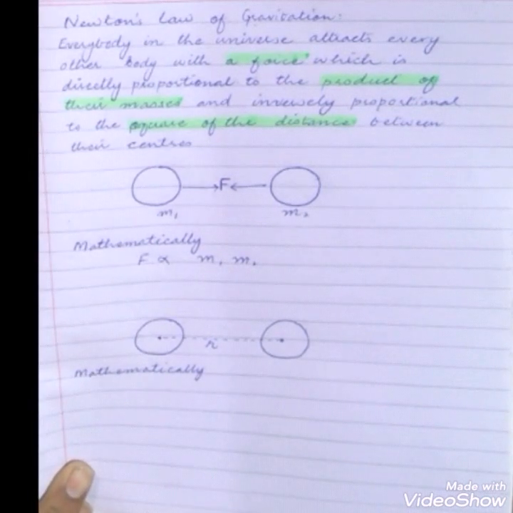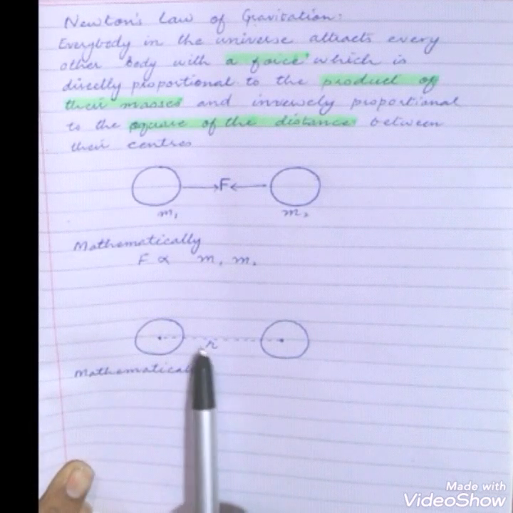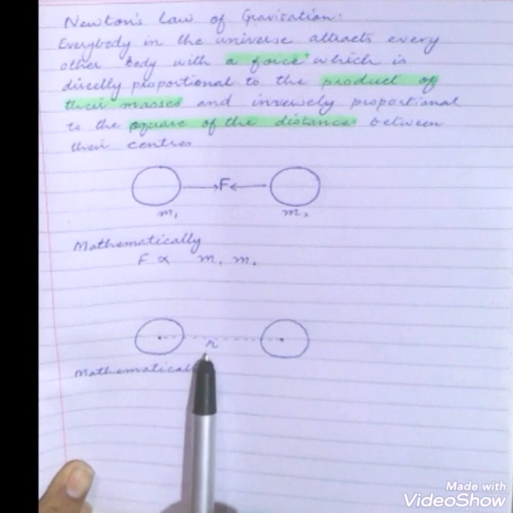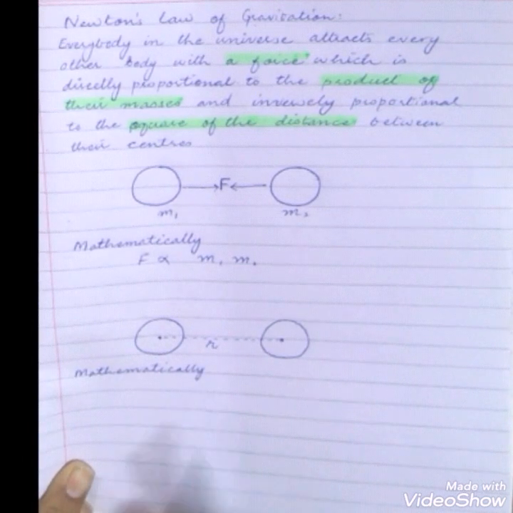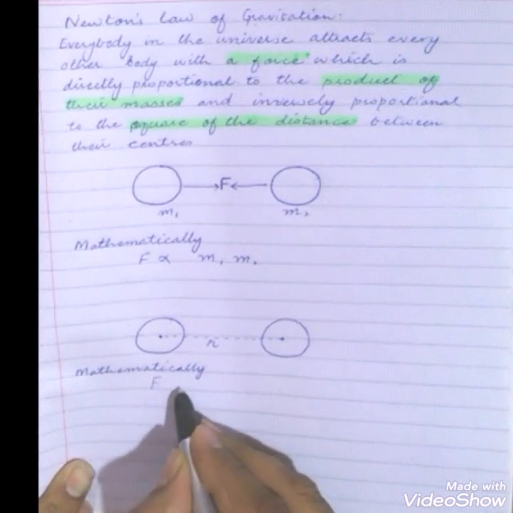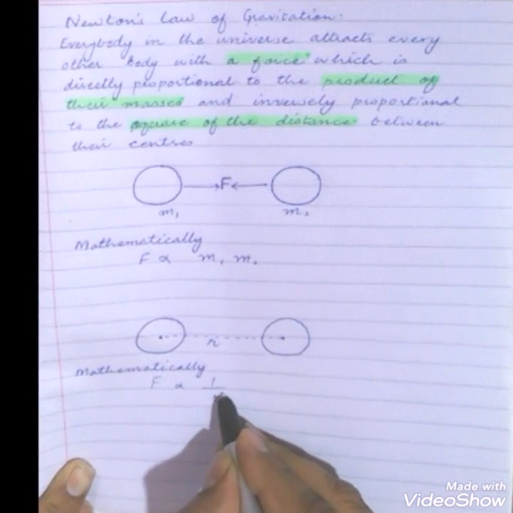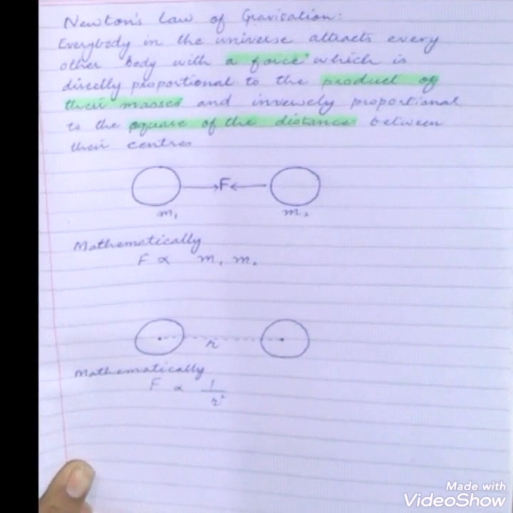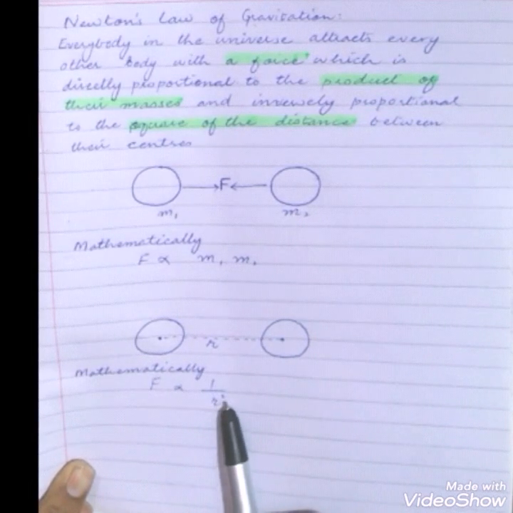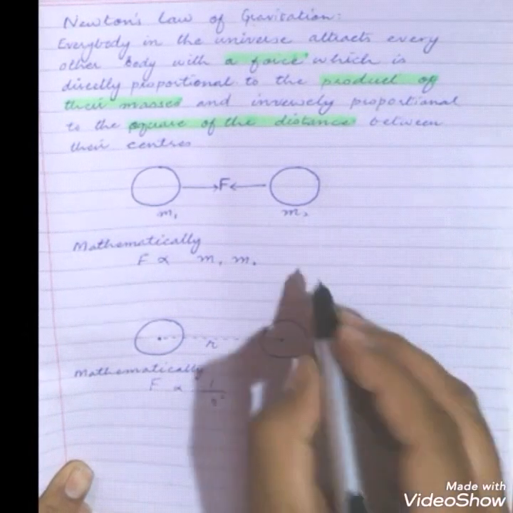According to the second part, the force of attraction depends inversely on this distance between their centers, represented by r. So this can also be mathematically represented as F is inversely proportional to the square of the distance between their centers. Since distance is r, the square of the distance can be represented as r square.